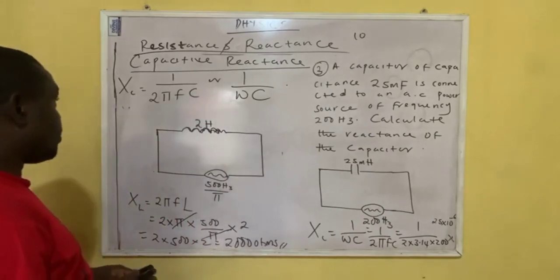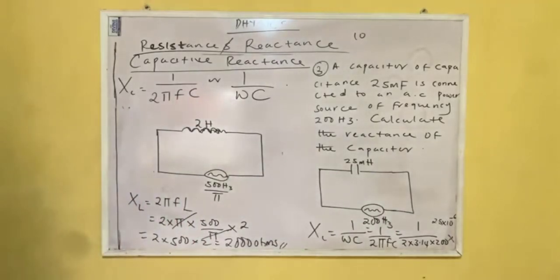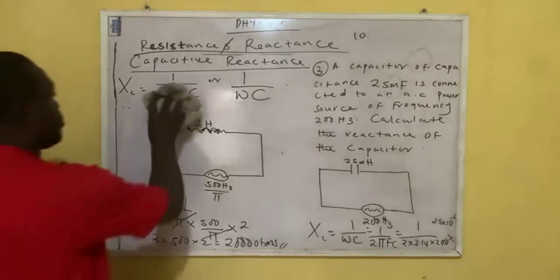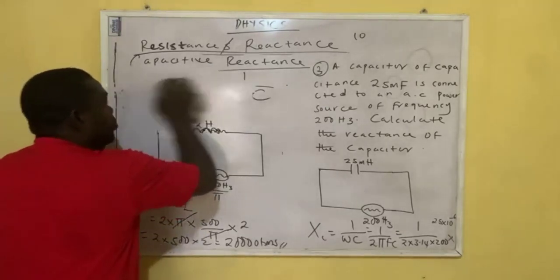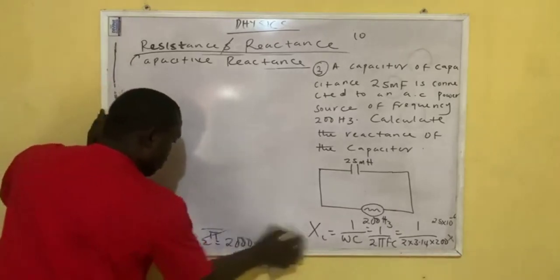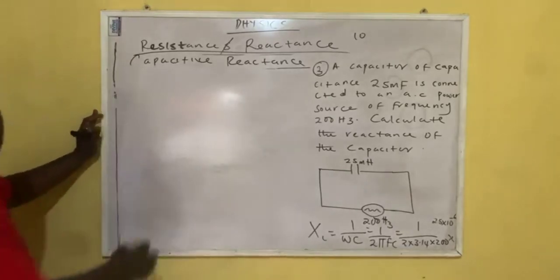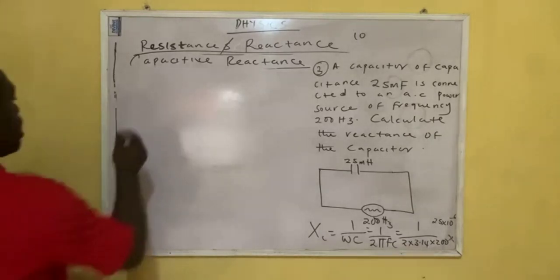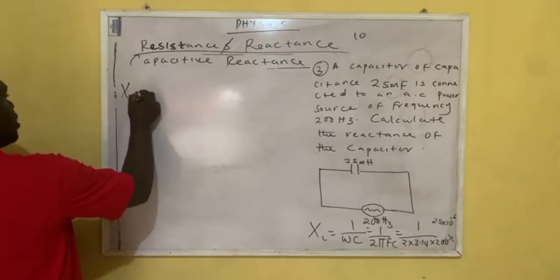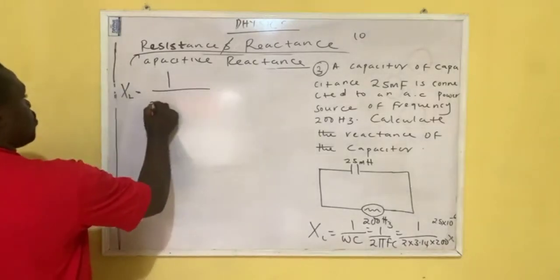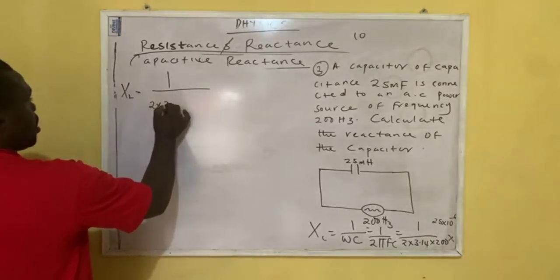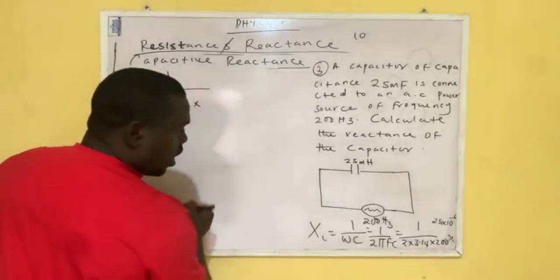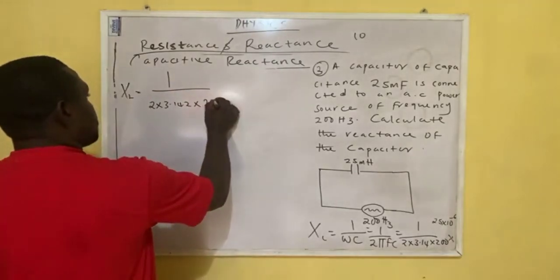So if I write that correctly, I'm going to have XC equals 1 over 2 times 3.14 times 200, the frequency.